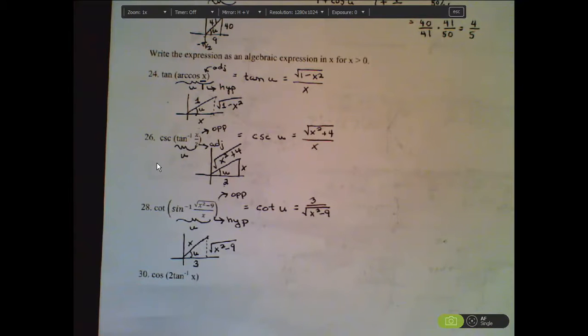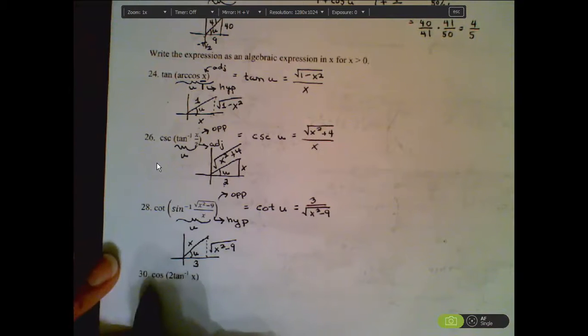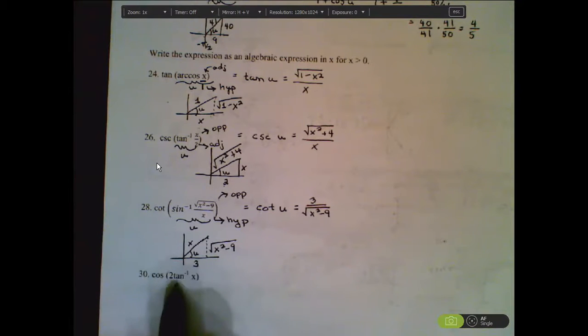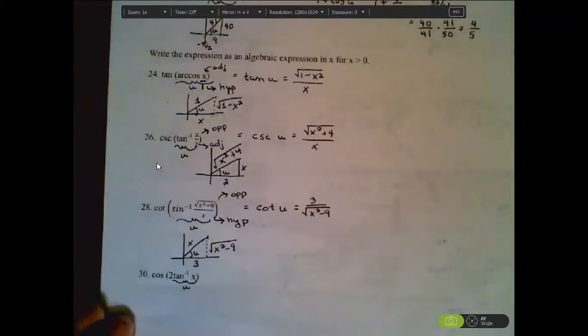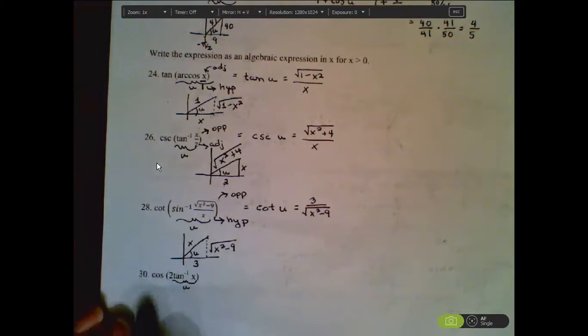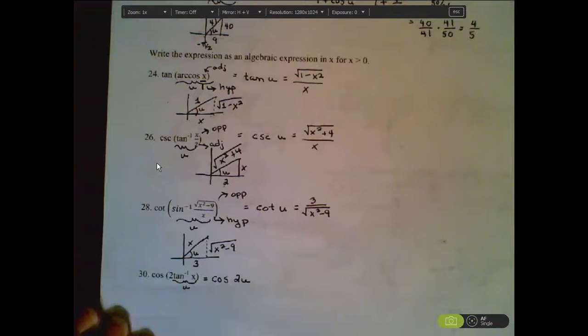All right, very last one for today. Number 30 is the cosine, not just the cosine of inverse tangent of x, but the cosine of 2 times inverse tangent of x. Well, the inverse tangent of x is just some angle u. After I draw a picture of it, I'm going to need to find cosine of 2u. That's going to take one of my double angle formulas.